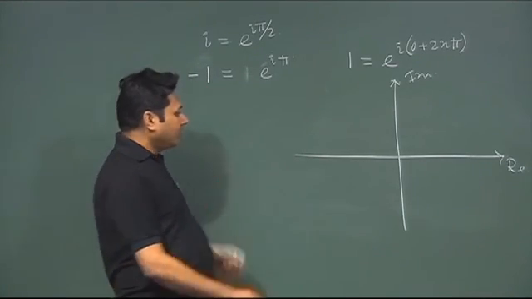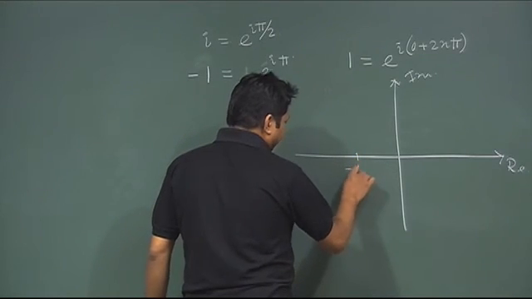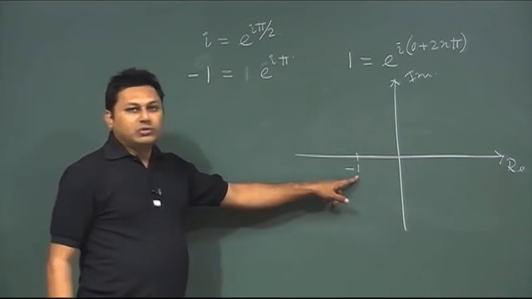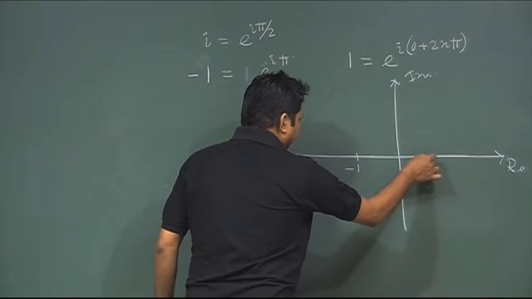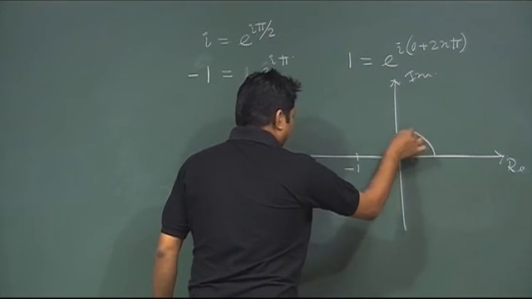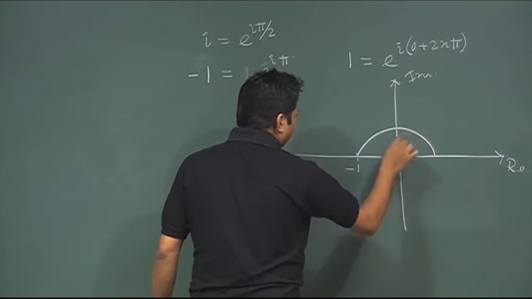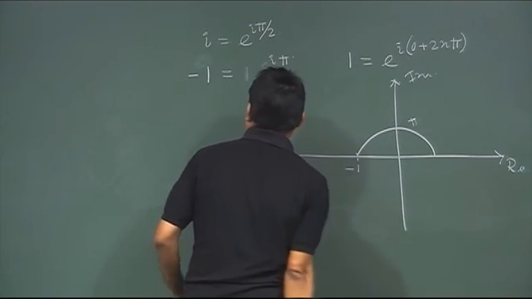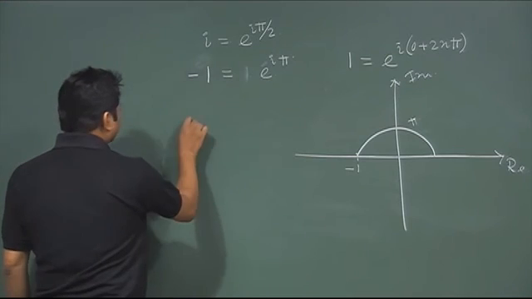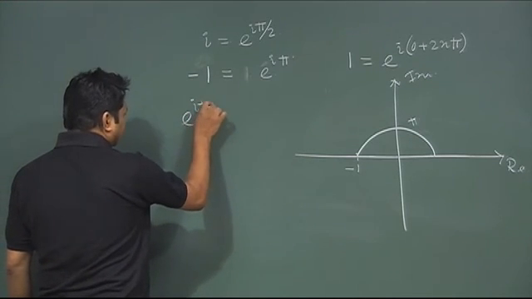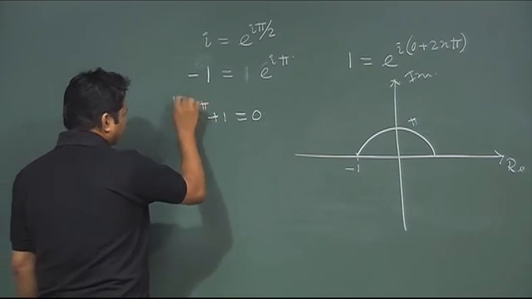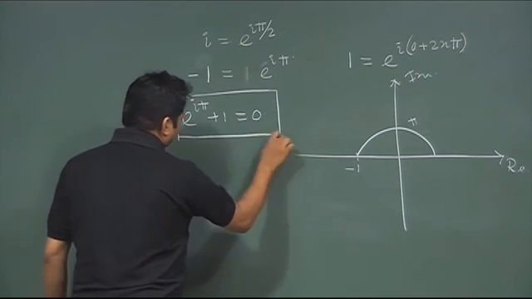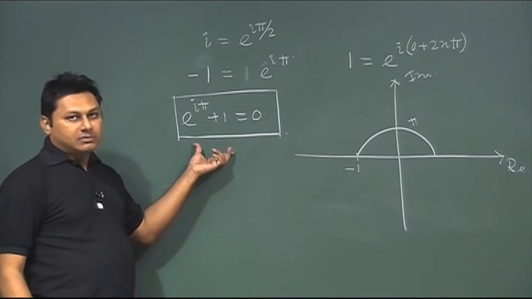So, this minus 1 is located somewhere here, because this is a real point, it will be on the real axis, and the angle, if I measure, would be something like this. So, this angle is pi, but the interesting thing is this equation, e to the power i pi plus 1 is equal to 0.